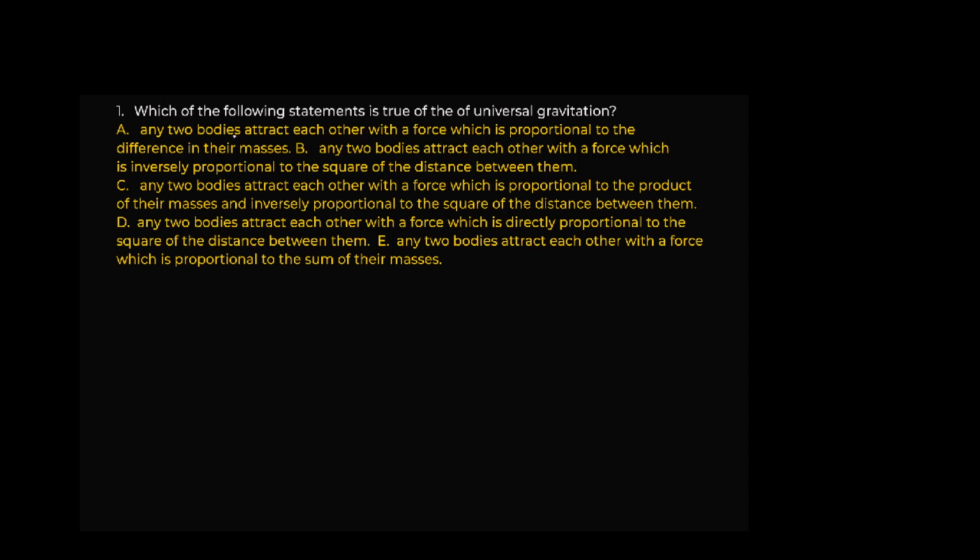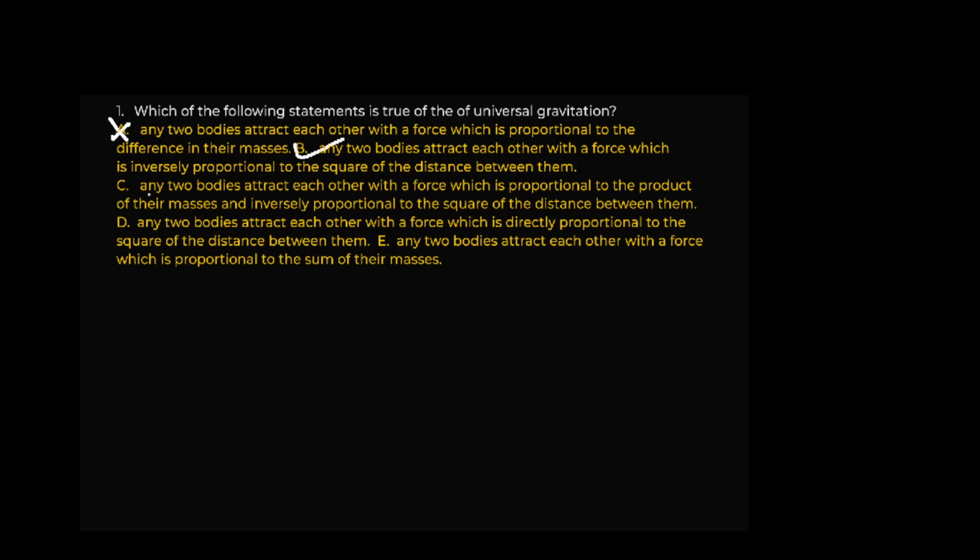Is that true? No, sir. B, any two bodies attract each other with a force which is inversely proportional to the square of the distance between them. Is that true? Yes, sir. Okay, so that should be our right answer.